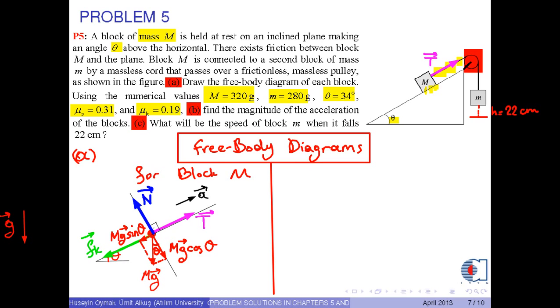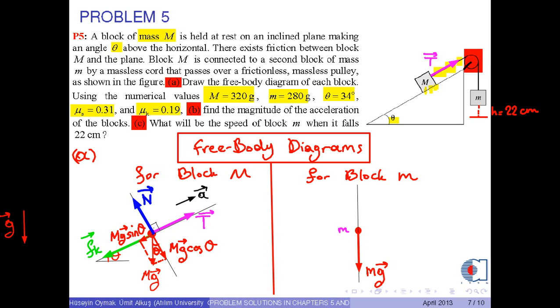Now we are to draw the free body diagram of mass m. The gravitational force on the object is a downward force as indicated here. Its magnitude is m times g.